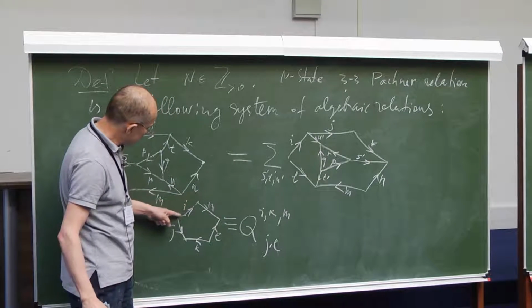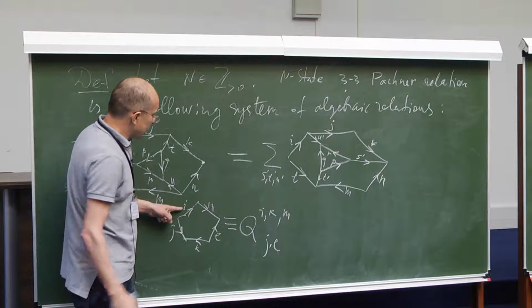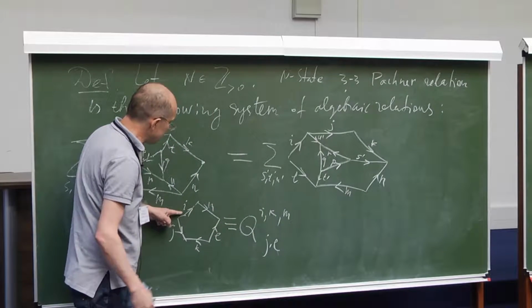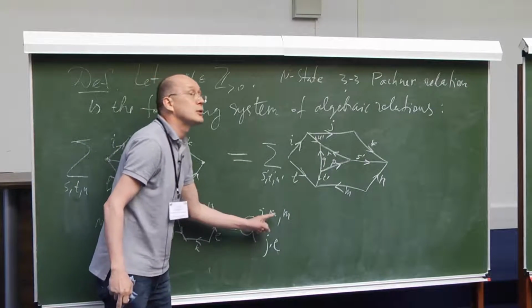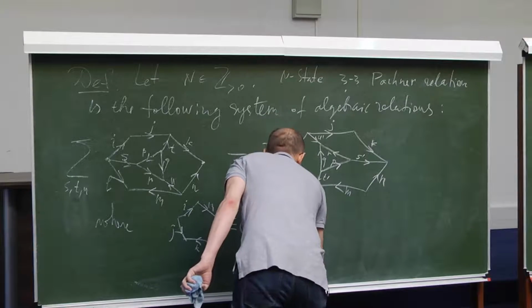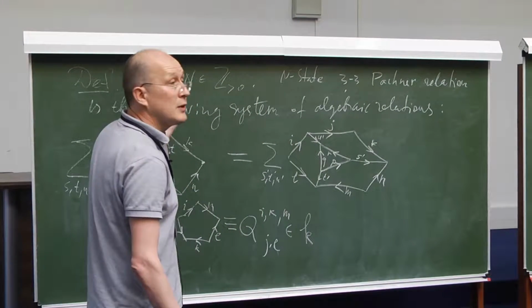I start from here, which is a distinguished edge, and then I go around, but first I put upper index, lower index, upper index, lower index, upper index. And these are just some numbers in the ground field.